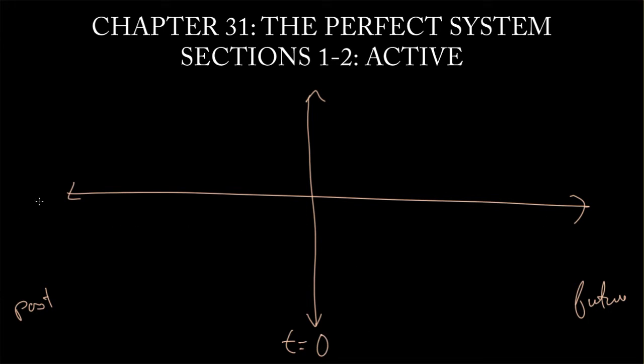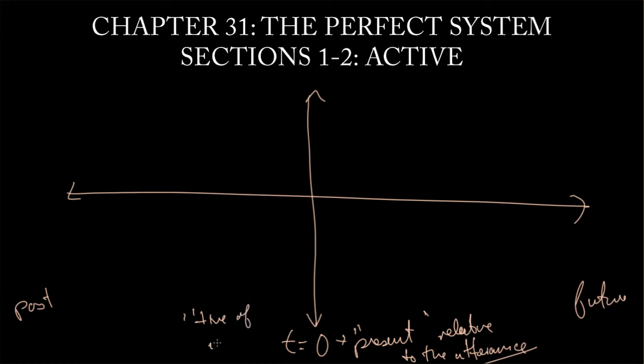So this is really our t-axis, our time axis. And when time equals 0, that's present time relative, I should say, to the utterance. All right, this is getting into some linguistic terminology. Another way that we could call t equals 0, and what people say, is time of utterance.